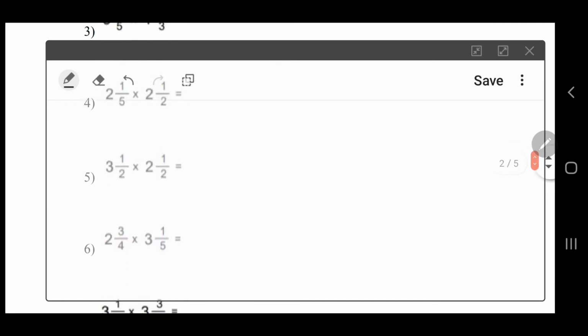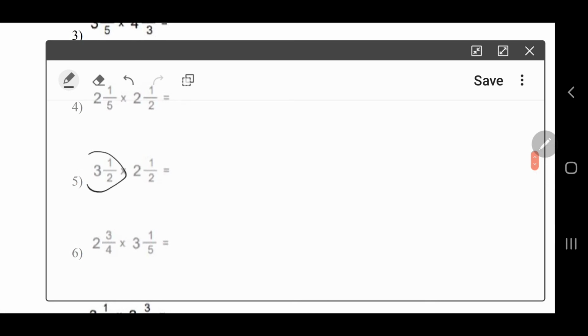So let's do number 5. Let's start off with 3.5 again. Pretty much the same mixed number: 3 times 2, 6, plus 1, so 7 over, keep the same denominator, 2. Then we have 2.5 over here. So 2 times 2, 4, plus 1 is 5.